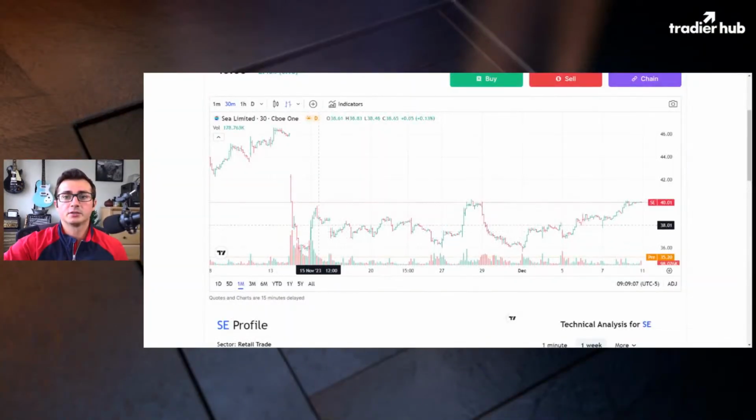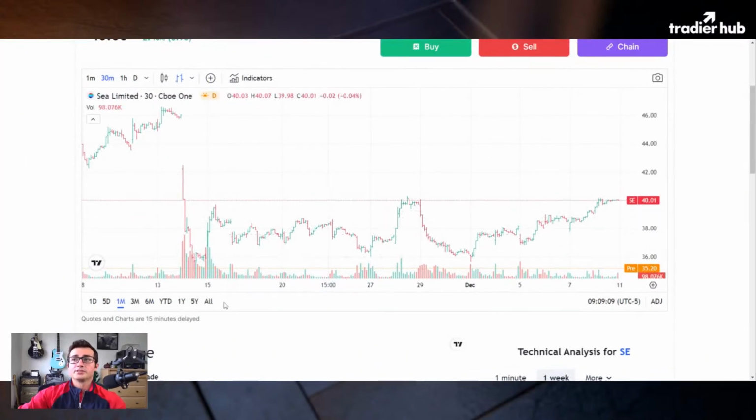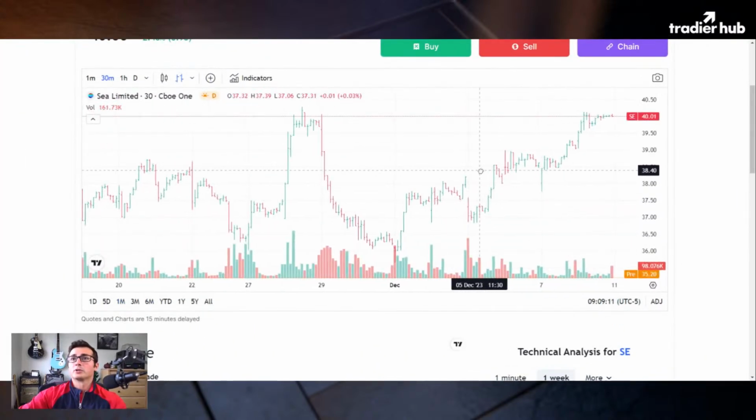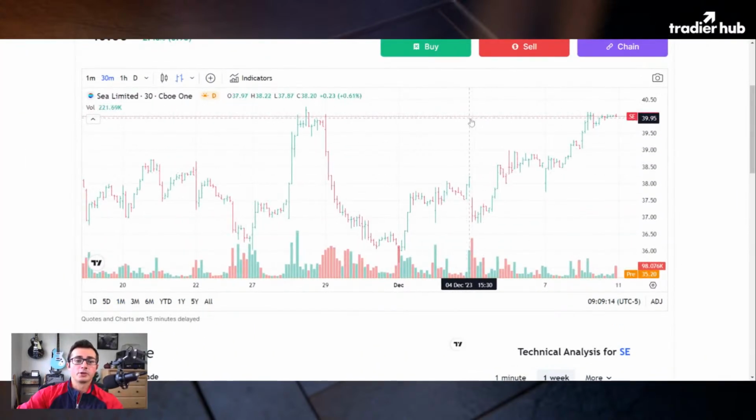Meaning, in the case of SE as an example, I'll pull up my chart here in just a second. Okay, that should be popping up. So in the case of SE, where we're looking at this chart, we're hitting a $40 resistance level.